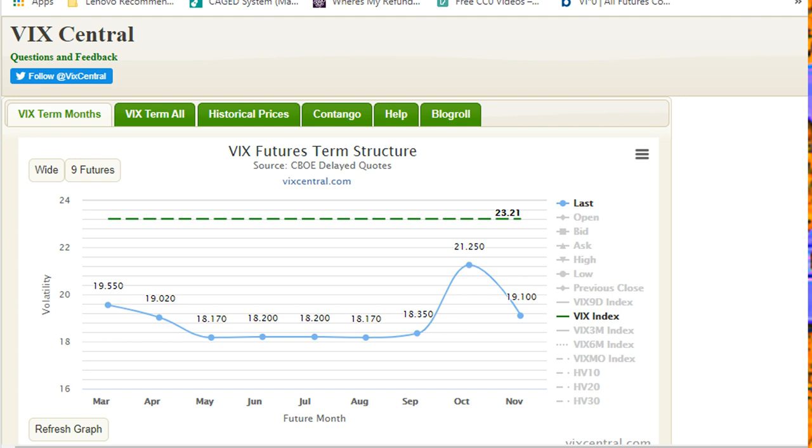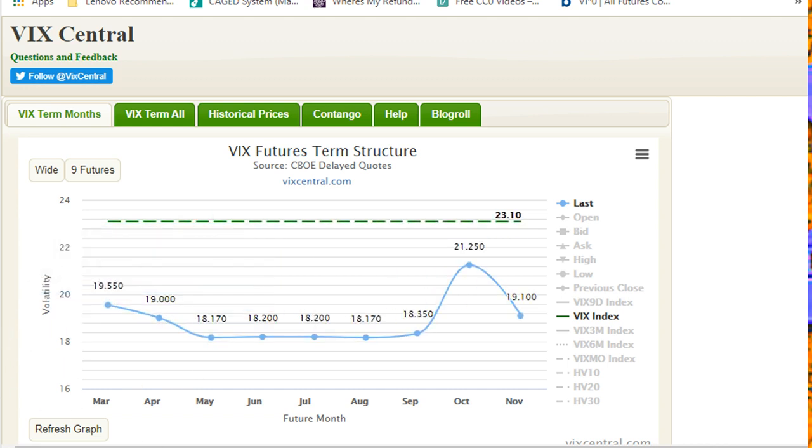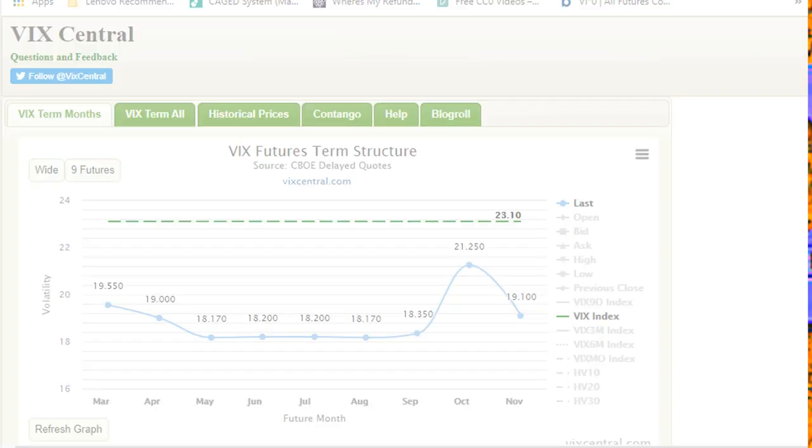These products being UVXY, VXX, SVXY, and all of these are based on these first two futures, the front month two futures.